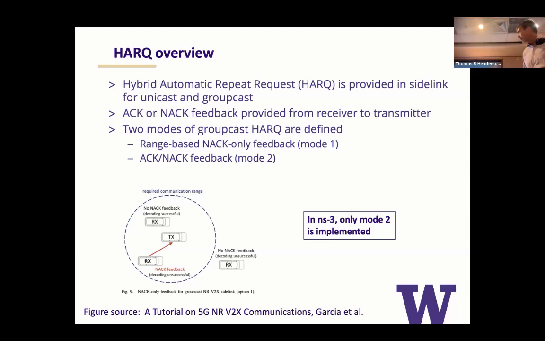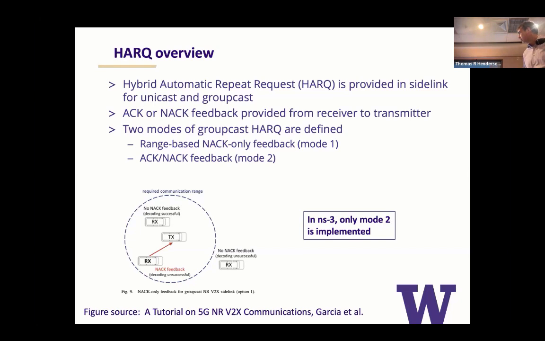So the idea here would be that within a communications range, you would retransmit and just listen for feedback from those close to you, even though there may be listeners to that groupcast beyond a communications range, and they'll hold their feedback. We're going to talk about the mode where there is no such communication range.